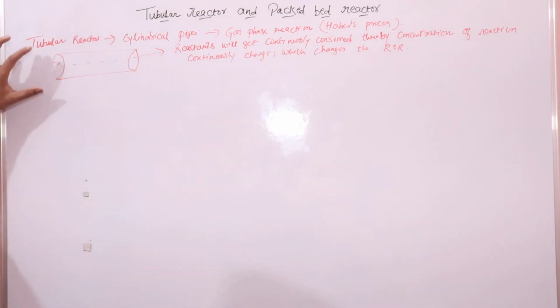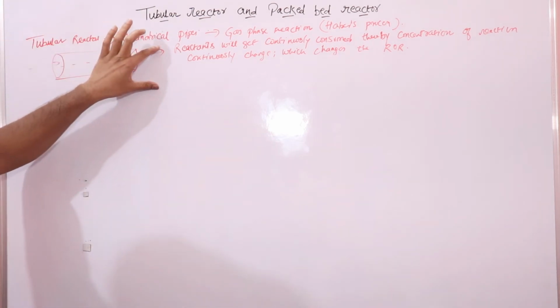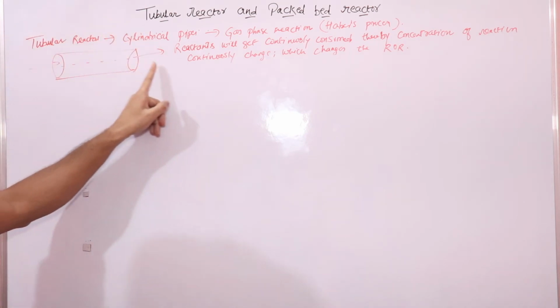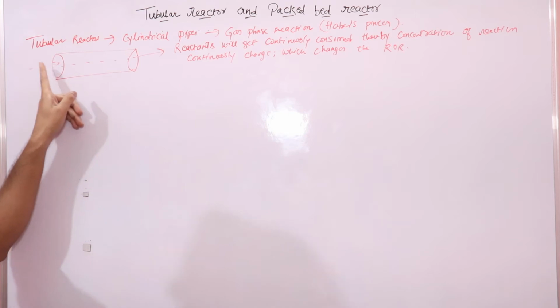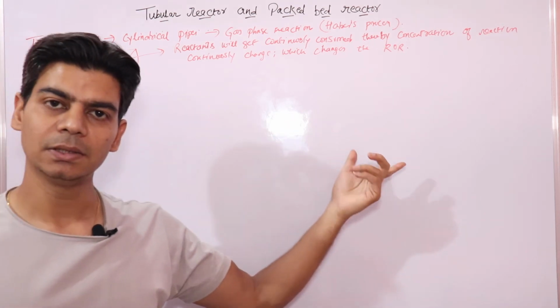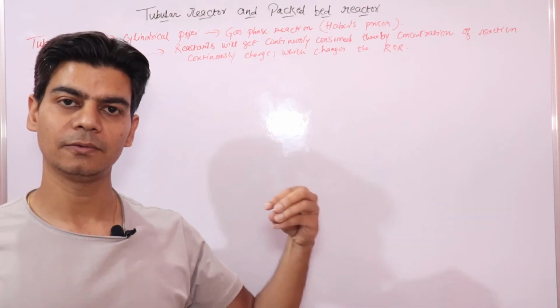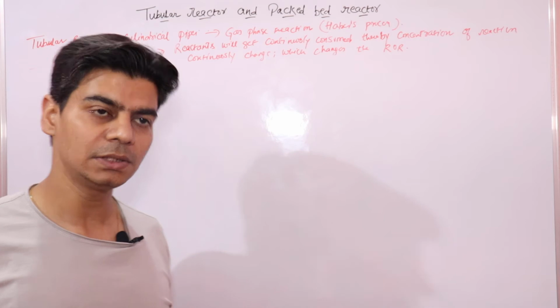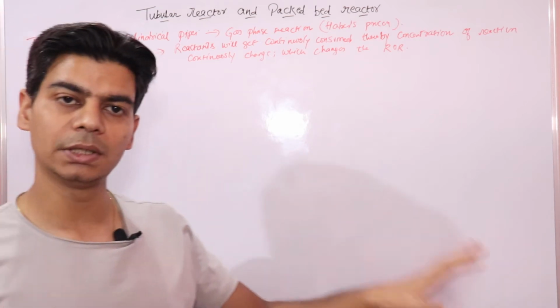So when reactants pass along the axial length, along the axis of the cylinder, they continuously react. Since they are continuously reacting, they get consumed. When they are getting consumed, that means the concentration of reactants inside the cylinder is going down.